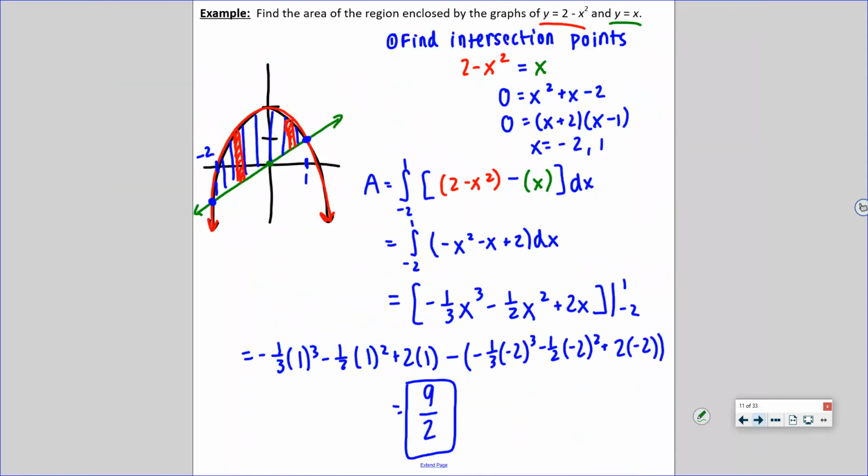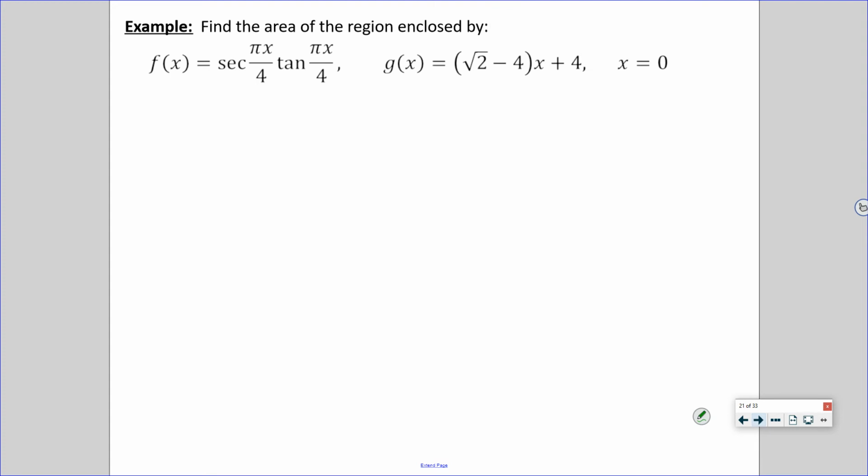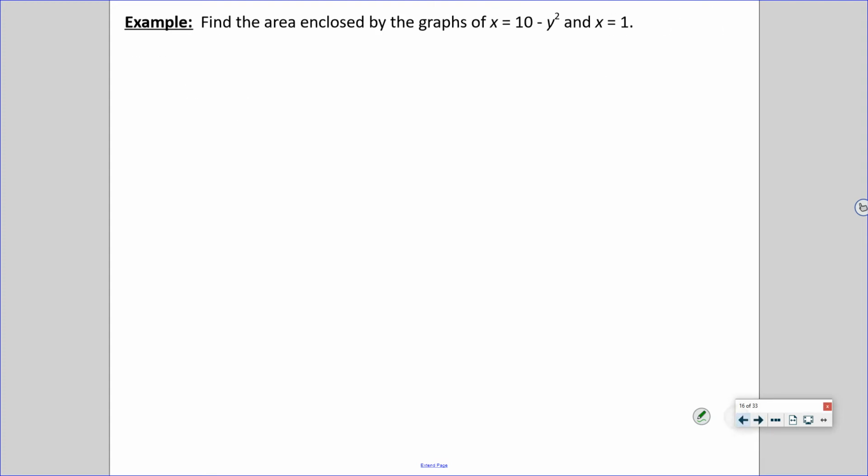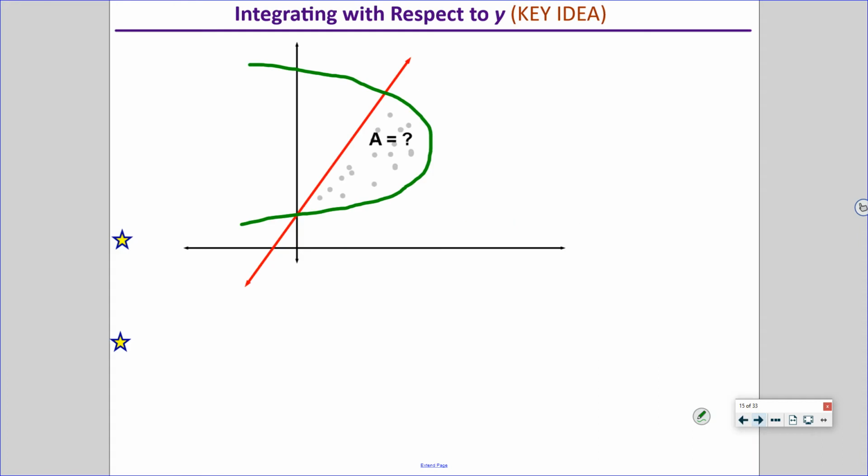I have one later on in the notes. But top minus bottom. And there are some in the homework, I think, where it just says use your graphing calculator to integrate it, where you don't have to do it by hand. So just make sure you're following those directions.